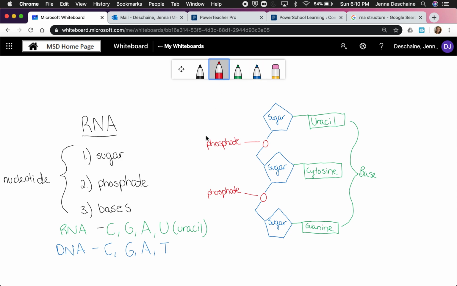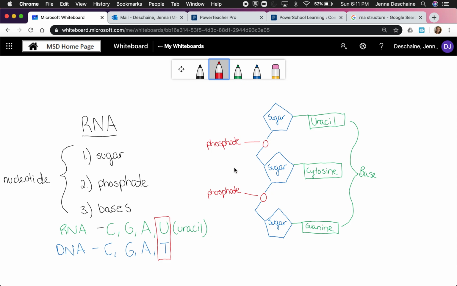But the difference between RNA and DNA is that RNA contains a different nitrogen base than thymine. So instead of having C, G, A, and T, RNA has C, G, A, and U, and that U stands for uracil, because uracil is a nitrogen base that is unique to RNA instead of DNA. So in RNA there's no thymine, but there is uracil.